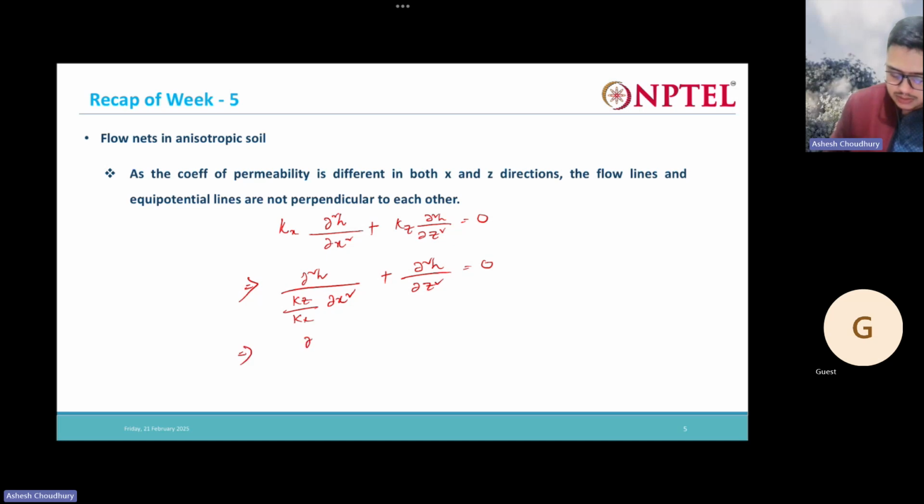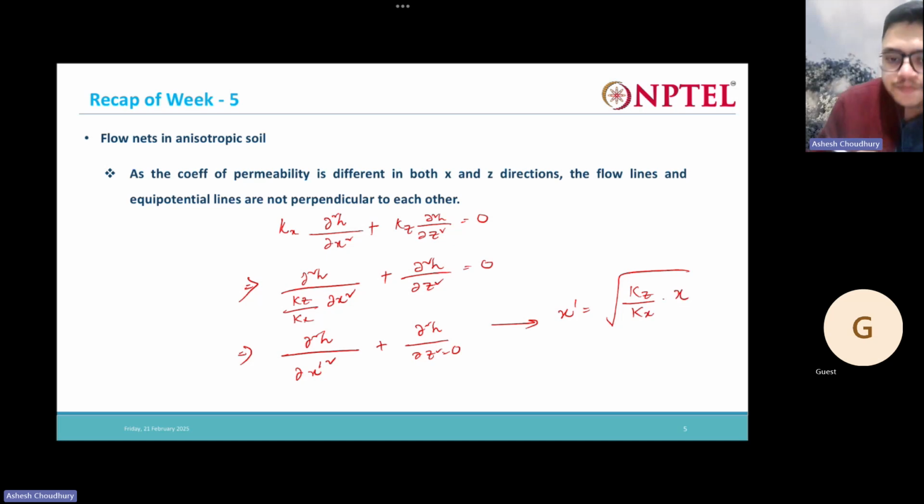Finally, we can write this as d2h by dx dash square plus d2h by dz square equal to 0, where x dash is square root of kz by kx into x.